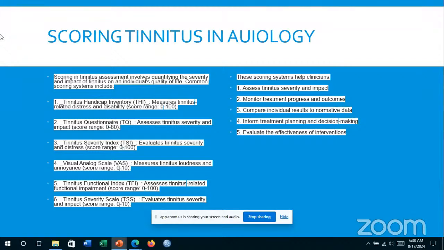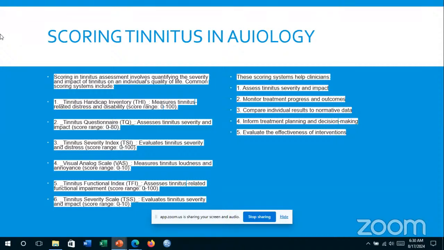Also visual analog, and so tinnitus functional index, tinnitus severity scale. So this scoring system will help clinicians to assess tinnitus severity and impact. It will help to monitor treatment progress and outcomes. It will compare individual results to normative, and it will evaluate all what it takes to outgrow this tinnitus problem.